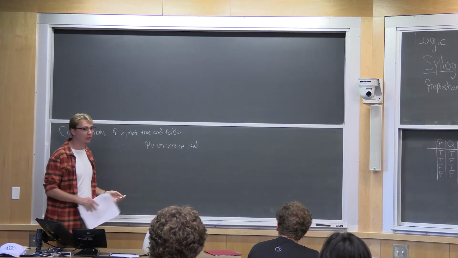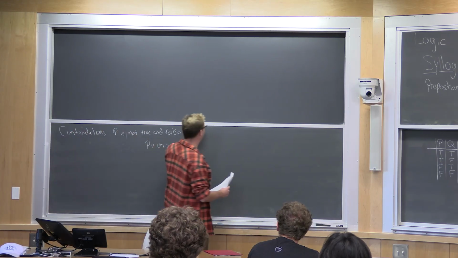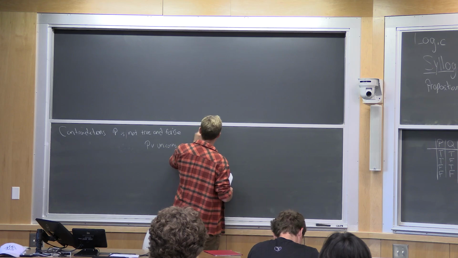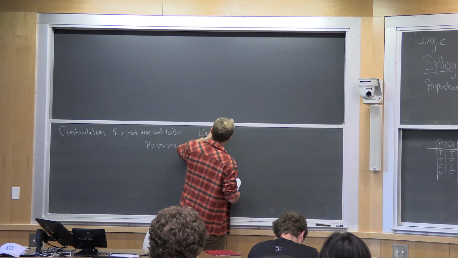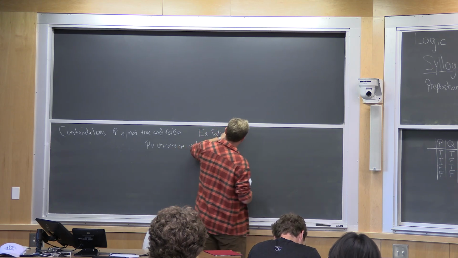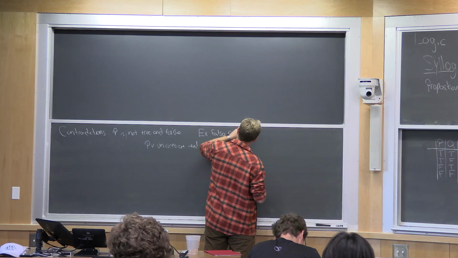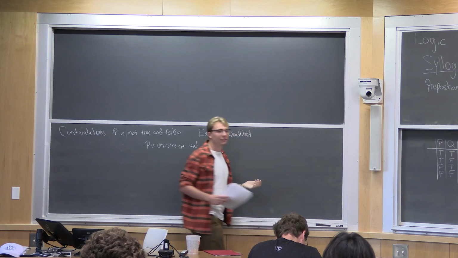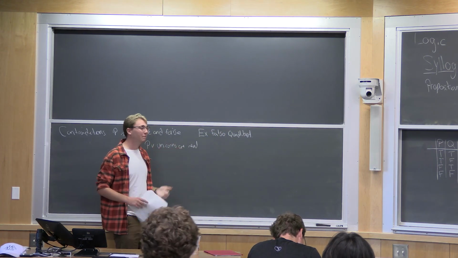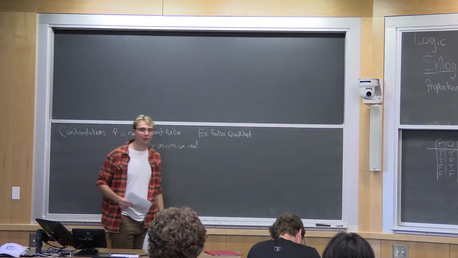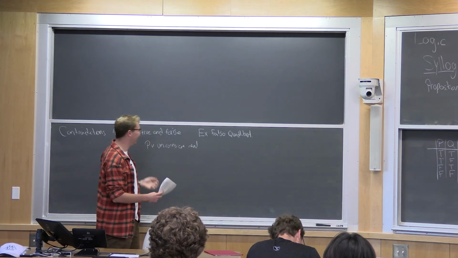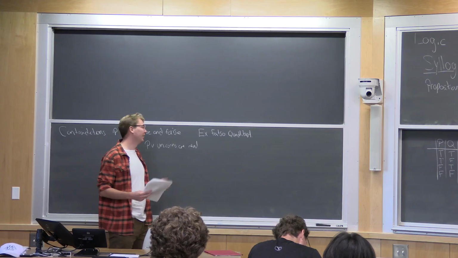This is called ex falso quodlibet, or from falsity follows anything. And it's really just a fancy way of saying, if that's true, anything could be true. But that is the reason we don't allow contradictions.